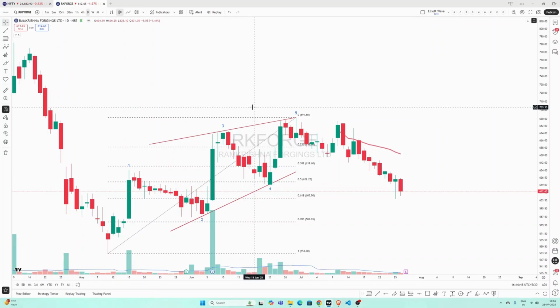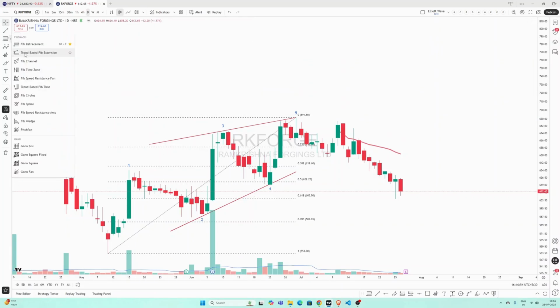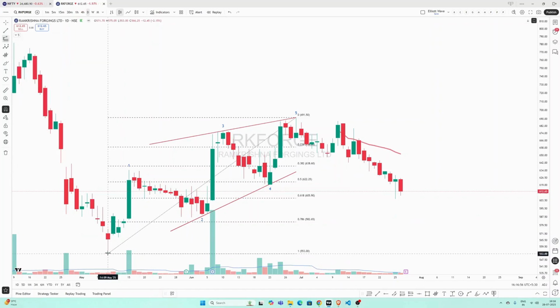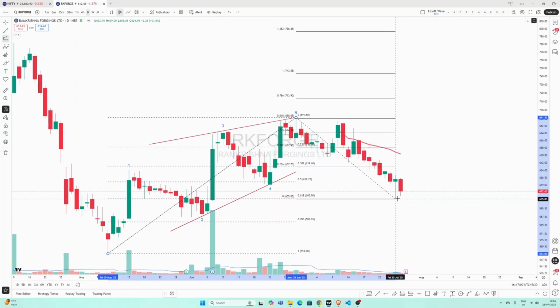But to be very conservative, wave 3 is typically equal to wave 1. So I can see the size of this first move, and assuming this is where wave 2 completed, I can figure out that this is my target level, the equality level where wave 1 and wave 3 will be equal.